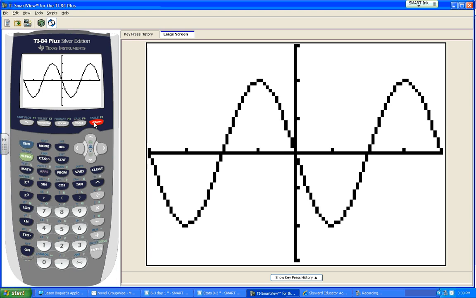So another way you could graph this one is this is really y equals negative 2 sine of theta. It just got reflected. It's the same thing. Again, if you wanted to go to your table, you could set that up, get the points you want, and you'd be good to go.